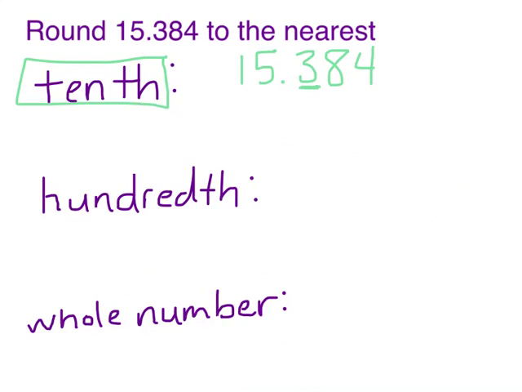The 3 is in the tenths place. So which two tenths does this number fall between? 15 and 3/10ths and 15 and 4/10ths. This time I'm splitting up tenths into smaller units, so I'm going to use the hundredths place to tell me which way to go.